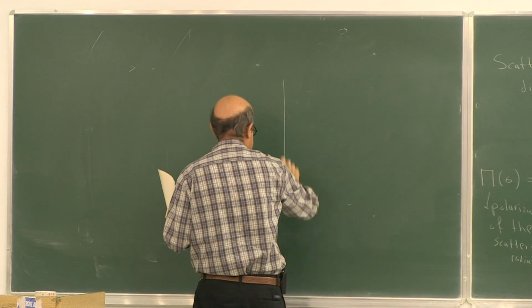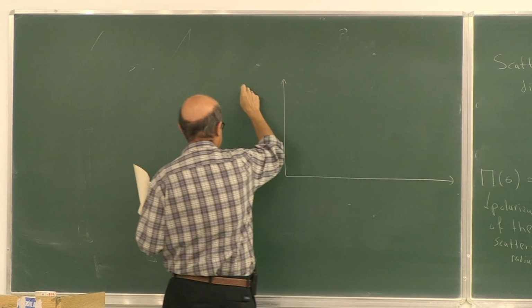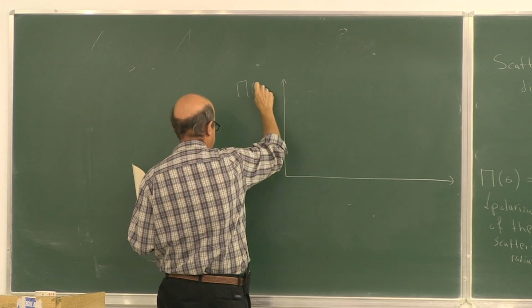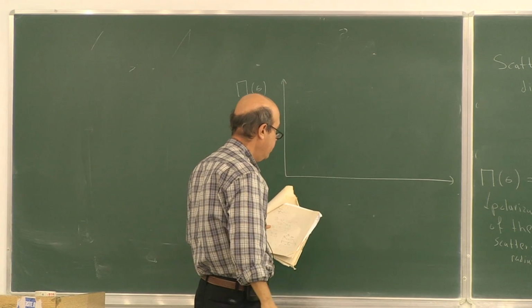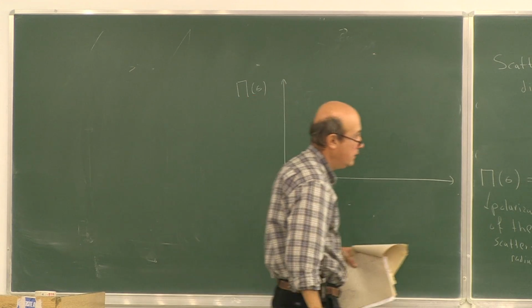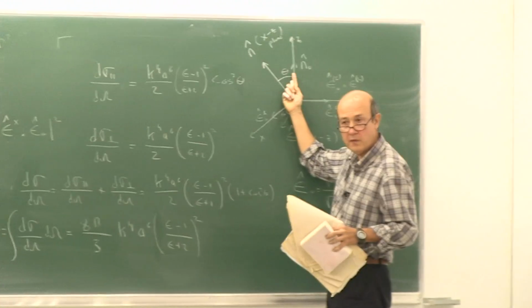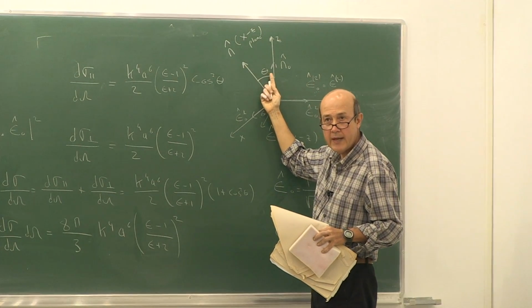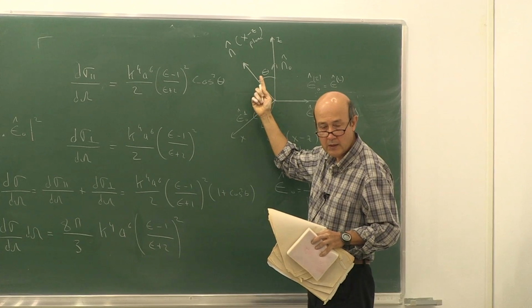So one of them, you can plot the degree of polarization as a function of angle. So what is the angle? When the angle is 0 for the forward scattering, cosine theta is 1.